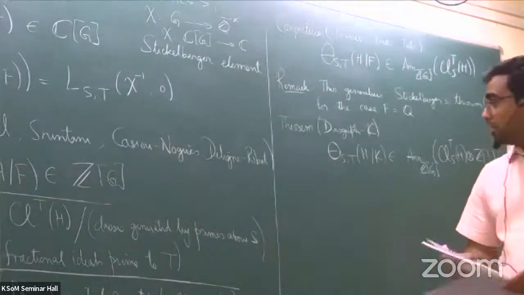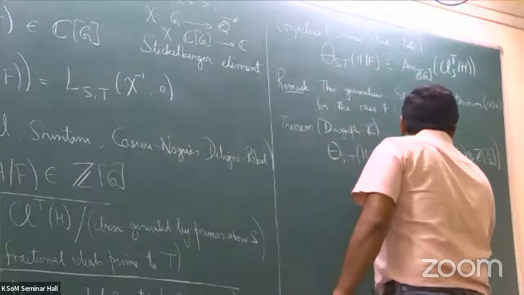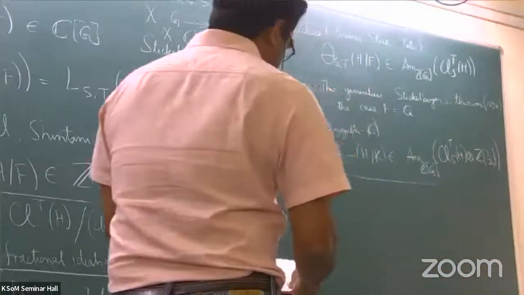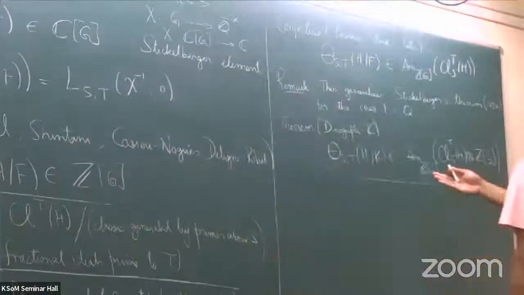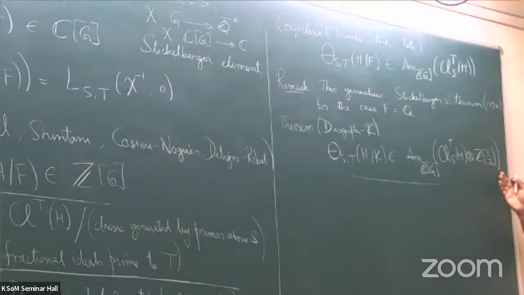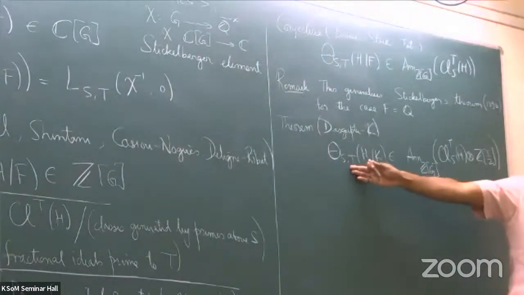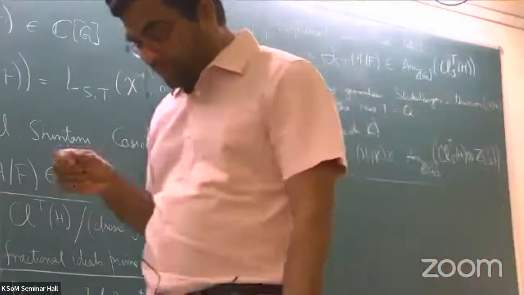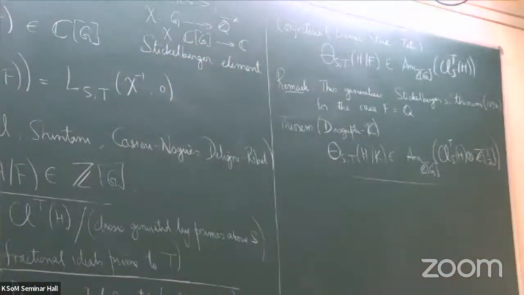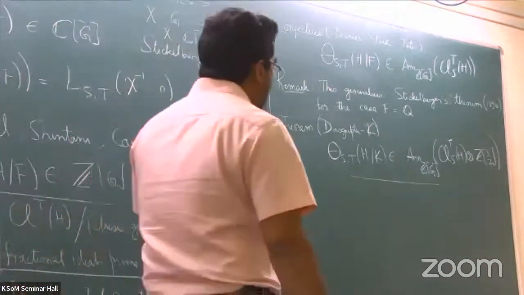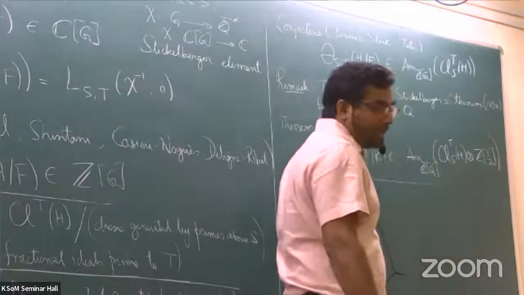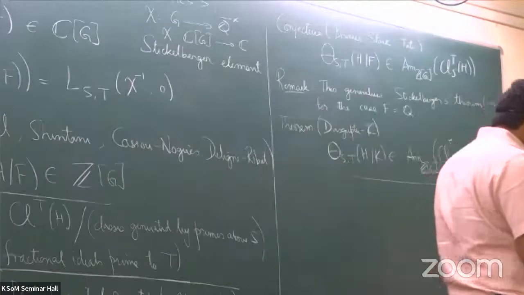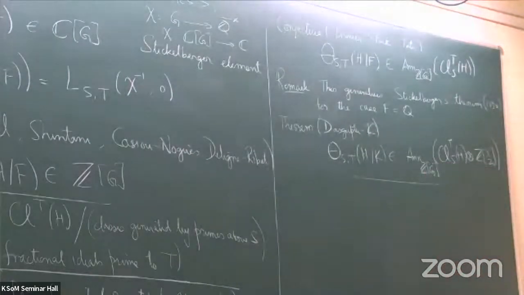So that's the statement. This side is a completely arithmetic, algebraic side. This is the analytic side. Now, the methods that we use are the methods that are known for relating the arithmetic side to the analytic side, coming from Iwasawa theory or conjectures on special values of L-functions.